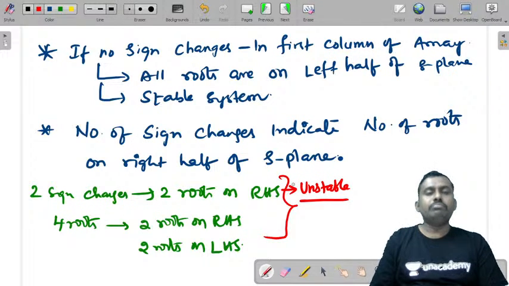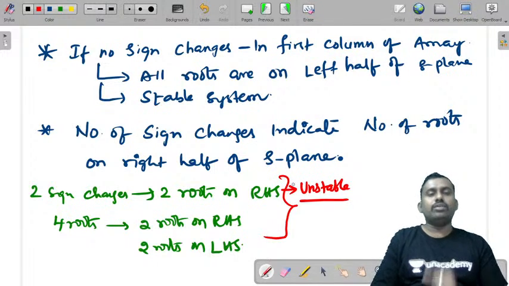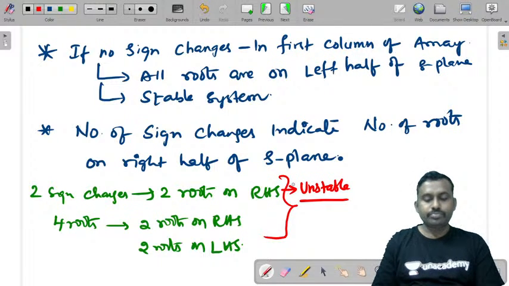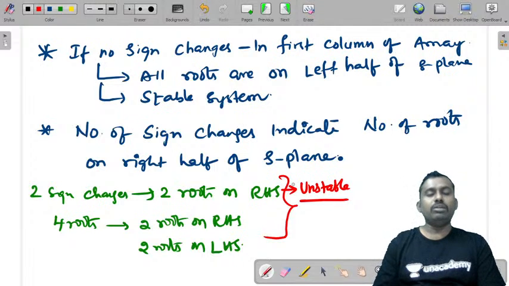Once you complete the Routh array, check for sign changes in the first column. If there are none, all the roots of the characteristic equation are on the left half of the S plane and the system is stable. If there are sign changes, the number of sign changes indicates that many roots are on the right half of the S plane, and the system can be unstable or marginally stable. If the roots are on the right side, it is completely unstable.